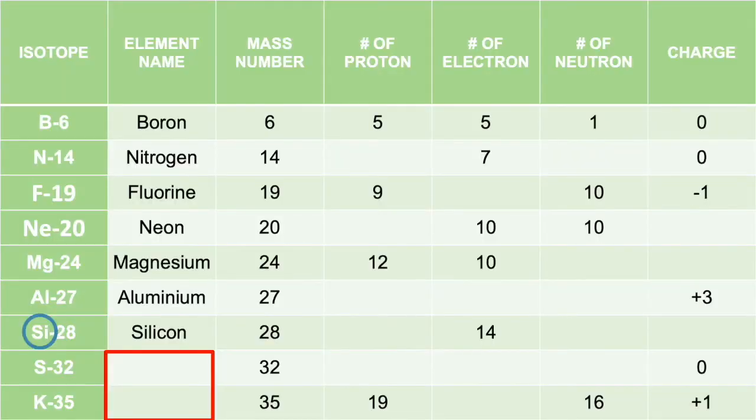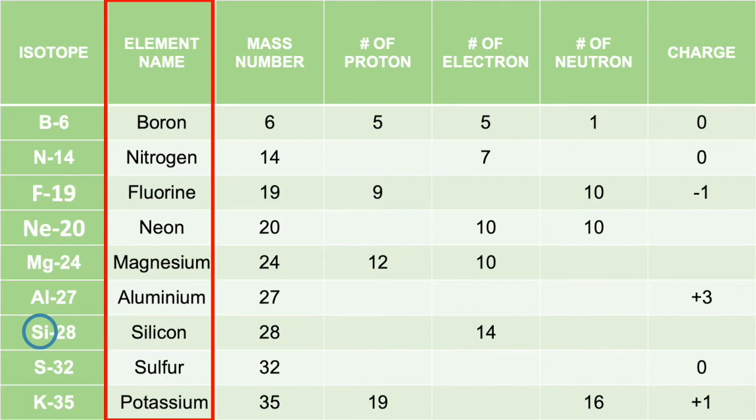And then write the names of those elements on the spaces. For the first element that has an isotope of S-32, S is sulfur. For isotope K-35, the element that has K for the symbol is potassium. So that's it on how to identify the name of the element.